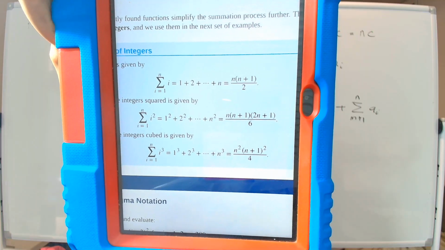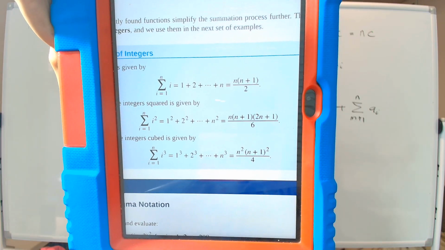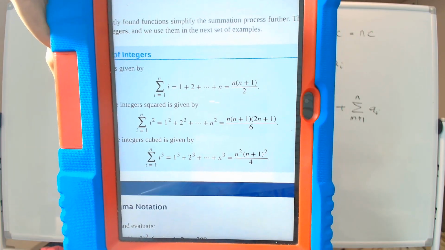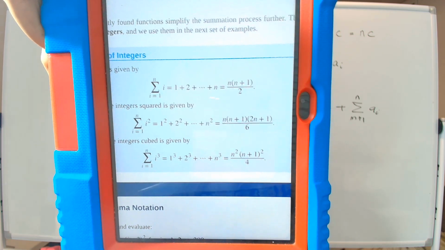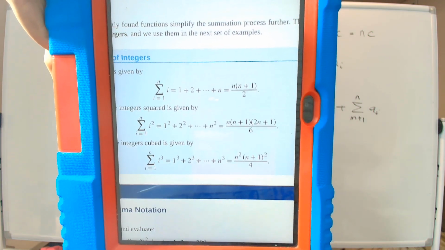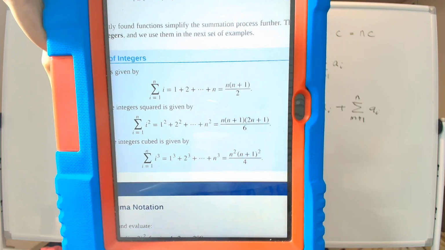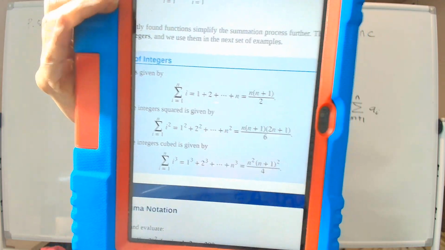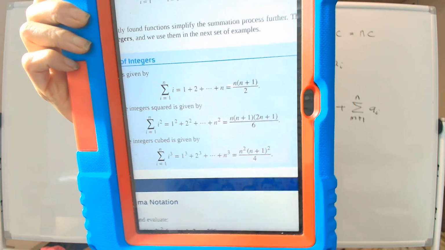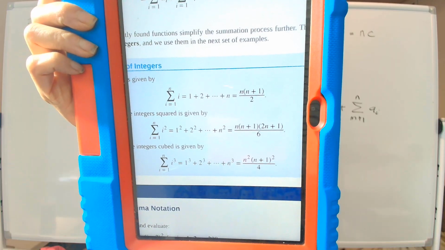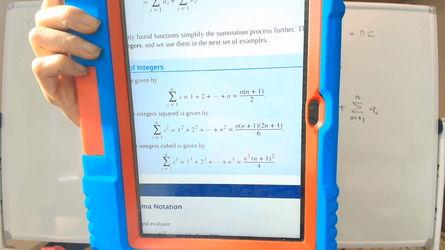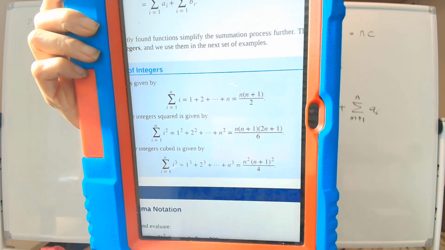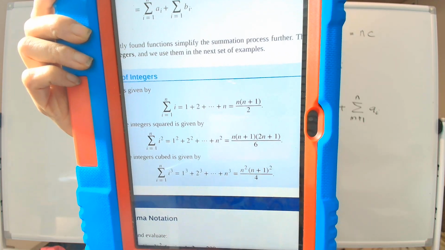If you have a sum of consecutive numbers, look at the first rule, 1 plus 2 plus 3, etc., all the way up to some n. There's a formula to add it all up. You don't have to do the addition by hand. What if n is a million? That will take you a while. You don't have to do that. In that particular case, there's a formula that can calculate it very quickly. The formula says the sum equals n times n plus 1 over 2.